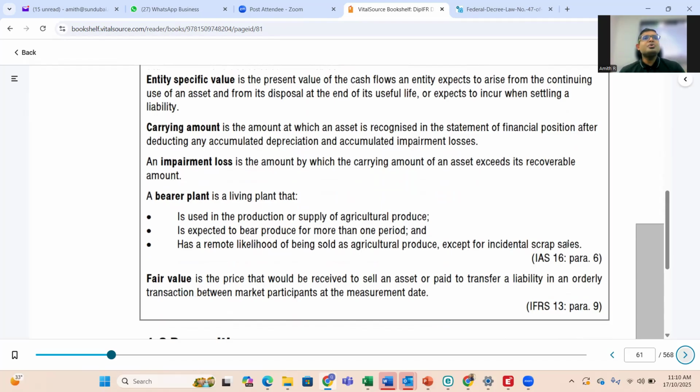I'm not going to sell my mango trees. But incidentally, if there was lightning and the tree fell down, then I would sell the wood for whatever is the price. But definitely it cannot be consumed, it cannot be sold as agricultural produce. I can't sell a tree as agricultural produce, right? And I have to sell the adjoining land also.